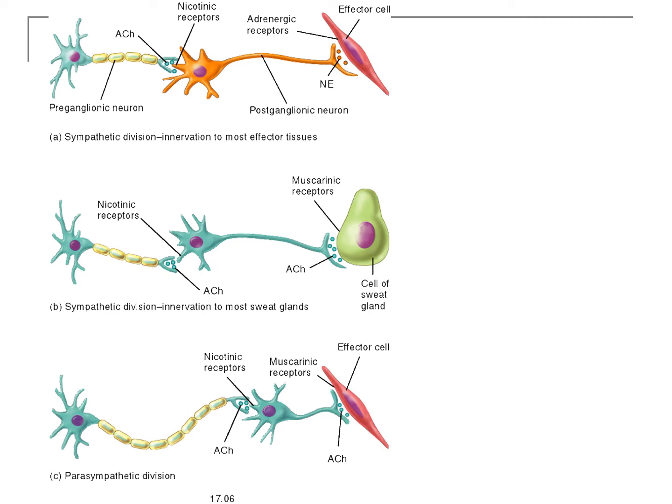Let's point this out with some arrows. In all preganglionic fibers, acetylcholine release, and in postganglionic fibers, acetylcholine in parasympathetic and in sweat glands, and norepinephrine in all other sympathetic synapses.